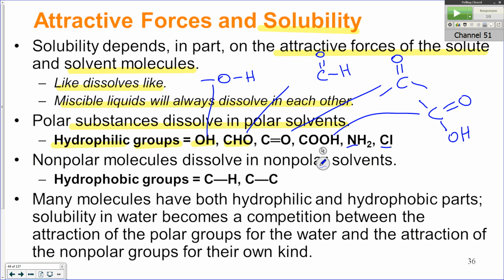Those are examples of hydrophilic groups. The more of those groups we see on a molecule, the more soluble it's going to be in a polar solvent.